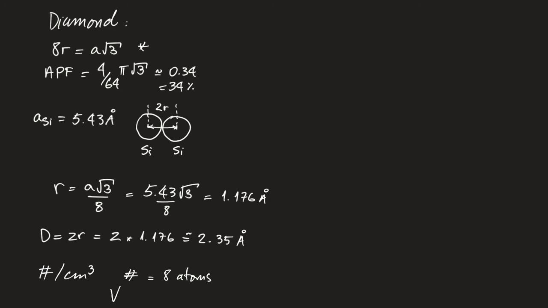And the volume of the unit cell is a to the power of 3, and it will be 5.43 angstroms cubed. If we do this calculation and transform to centimeters cubed, it will give us 1.6 times 10 to the power of minus 22 centimeters cubed.